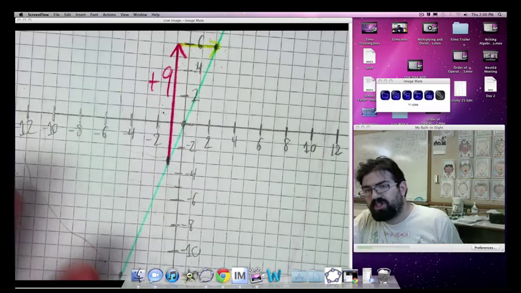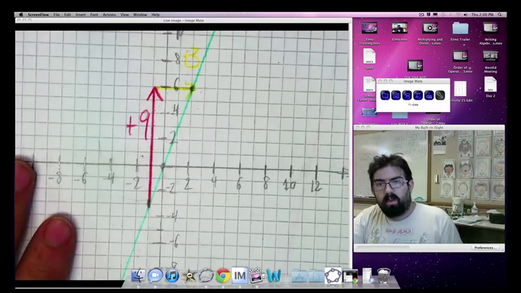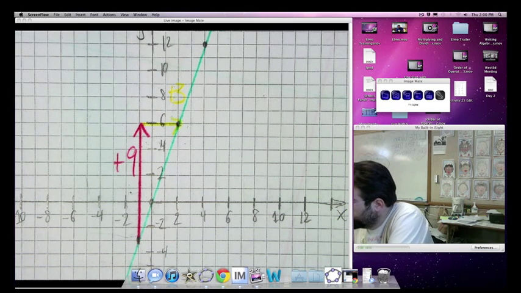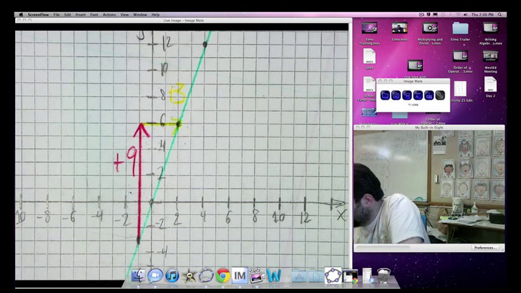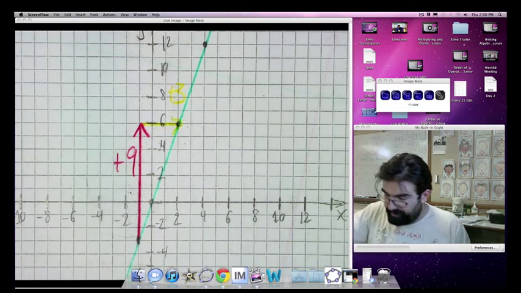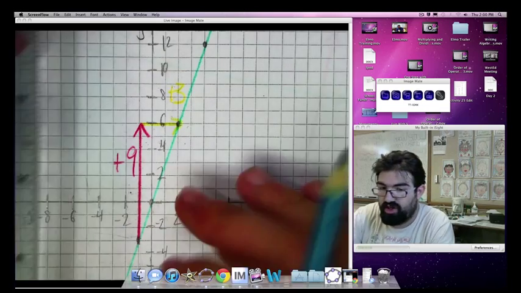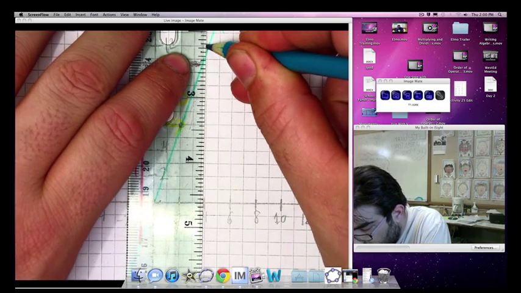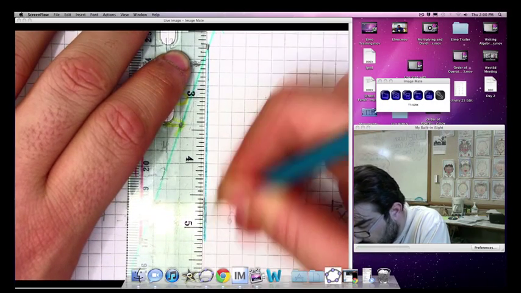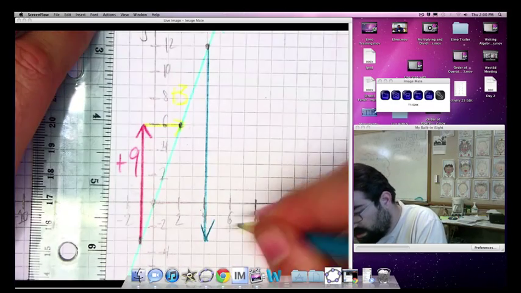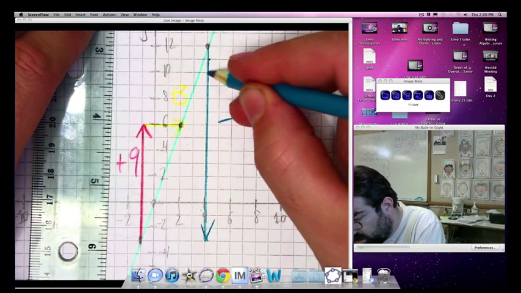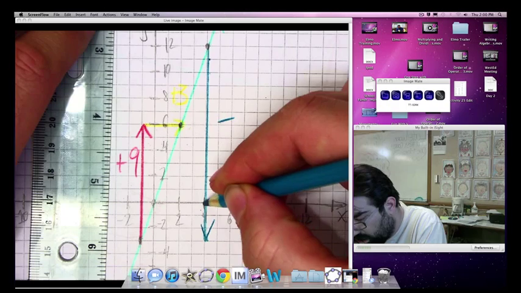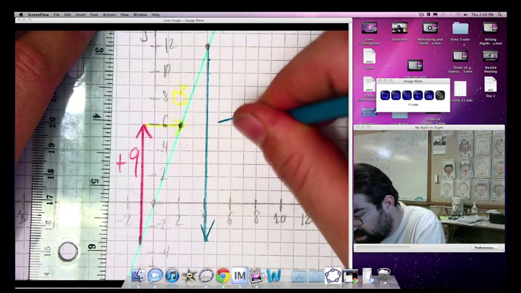Awesome. What if I changed the question? What if instead of finding the slope between those 2 points, I wanted to find the slope between 2 other points? I always do my vertical change in y first. So what if I started up here and I said I go down, 1, 2, 3, 4, 5, 6, 7, 8, 9, 10, 11, 12, 13, 14, 15.